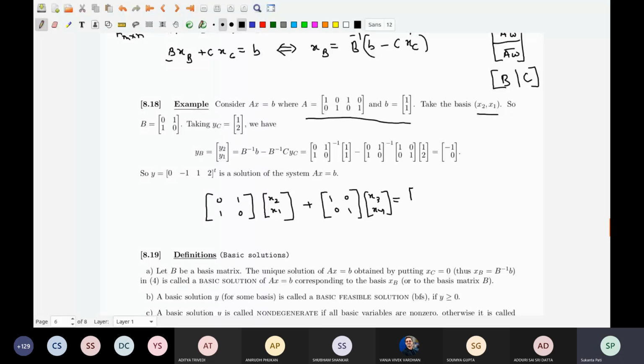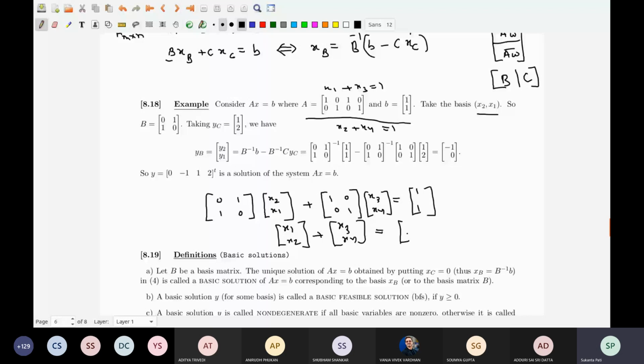The first equation was x1 plus x3 equal to 1, and the second equation was x2 plus x4 equal to 1. Are you getting the same thing over here? Now if you multiply this, I get x1, x2, and here I get x3, x4, and I get 1 1 over here. It is the same style of writing.